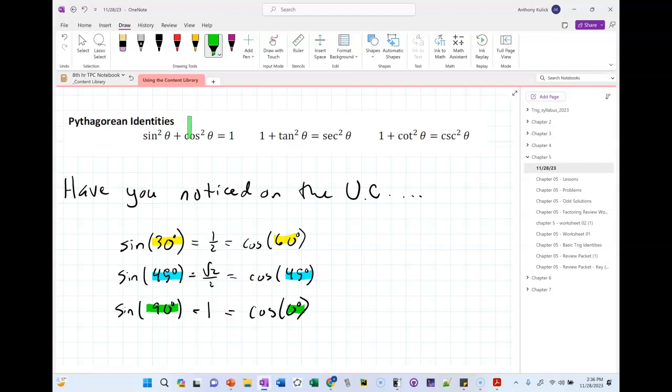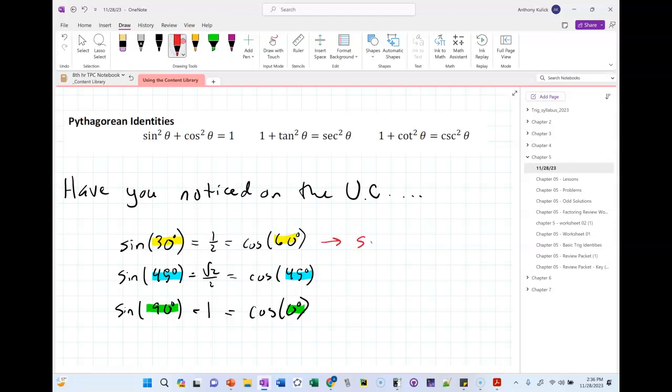That co is an abbreviation for the word complementary. So sine and cosine share this complementary relationship. Secant and cosecant share this complementary relationship. Tangent and cotangent share this complementary relationship.